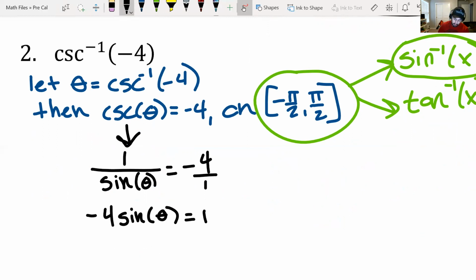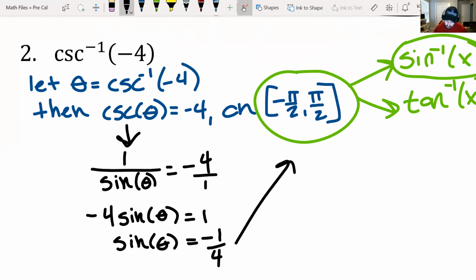Divide by -4, we get sine theta equal to -1/4. Now we need to get to the inverse sine function, so you compose both sides with the inverse, which means theta equals the inverse sine of -1/4.